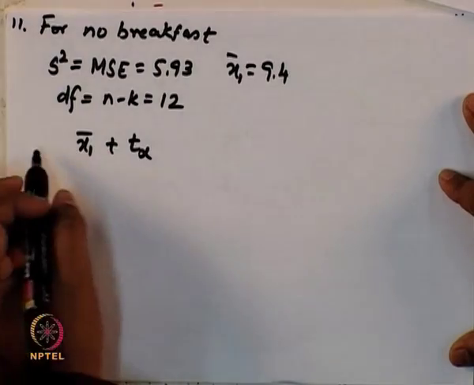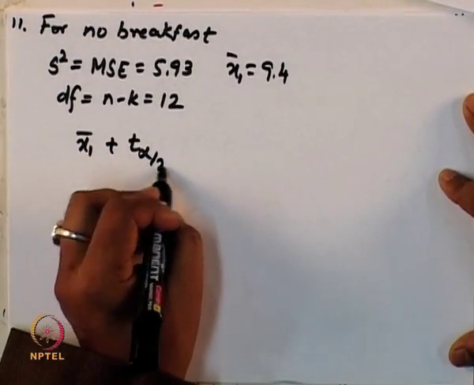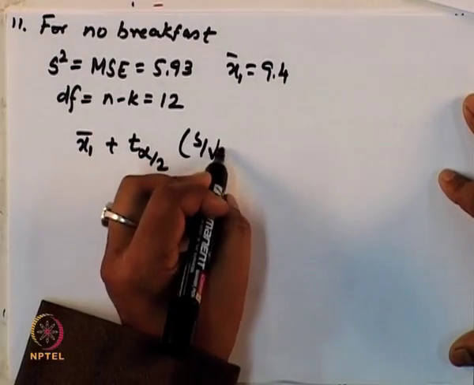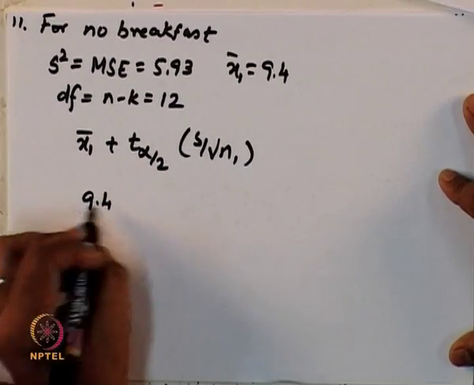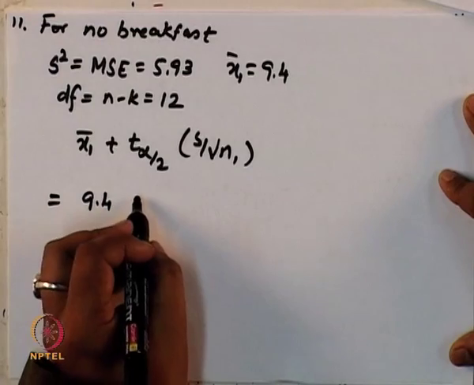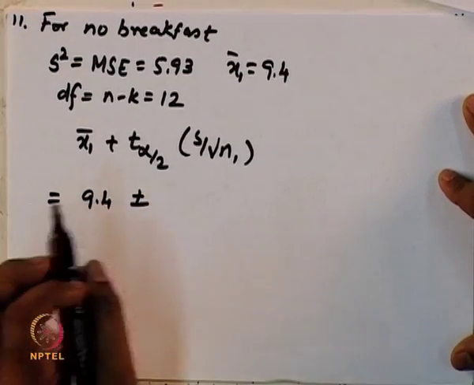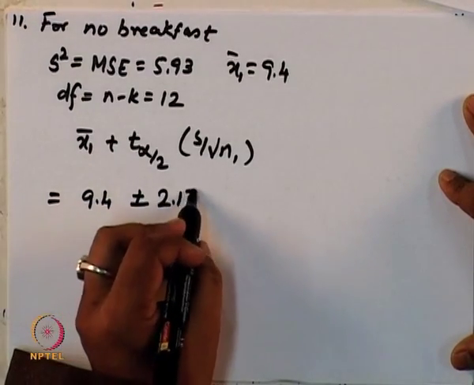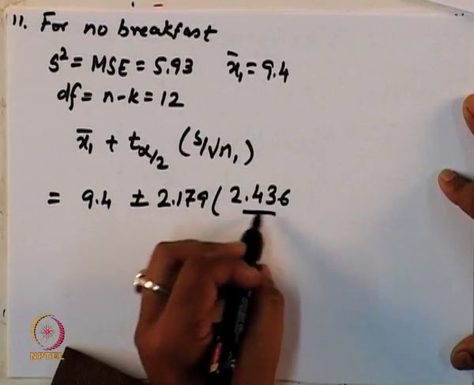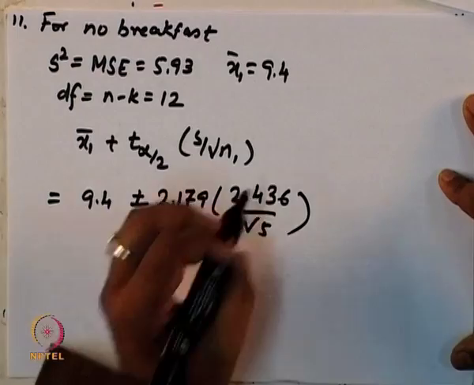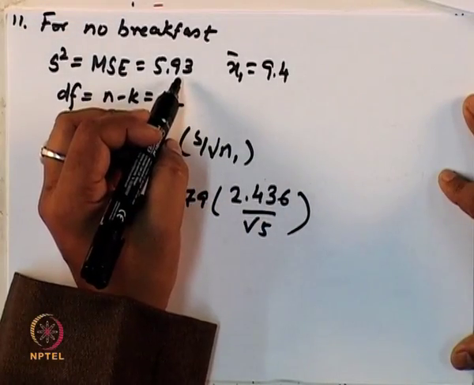So, you can calculate the confidence interval as 9.4 plus minus 2.179 into 2.436 by root of 5. So, this is the square root of 5.93.